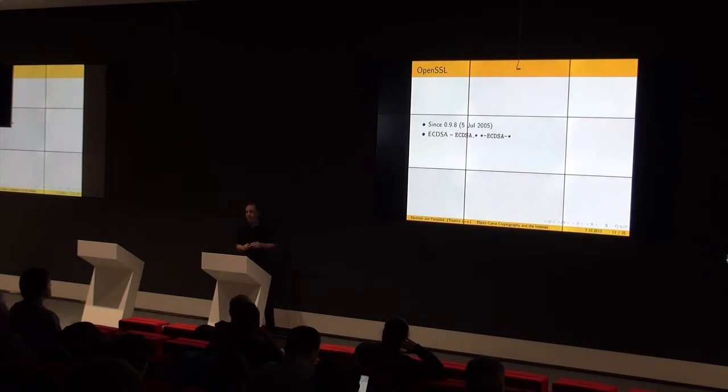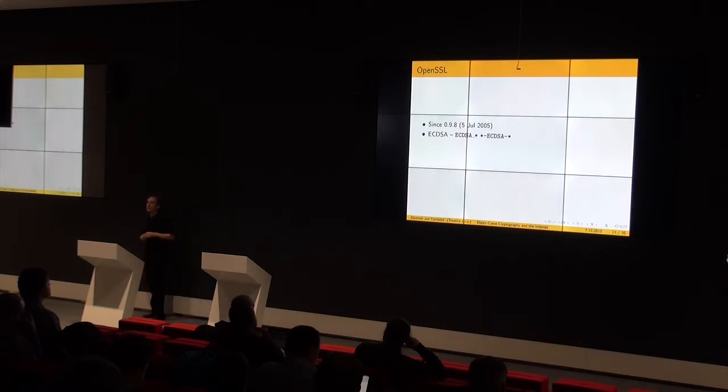If you want to play with the ECDSA algorithm, you just include the right header, which is called ECH, and use functions ECDSA underscore something. Generate key pair, sign, verify, you name it. It's really that simple. But, as I mentioned, you shouldn't do that. You should use some standardized protocol.